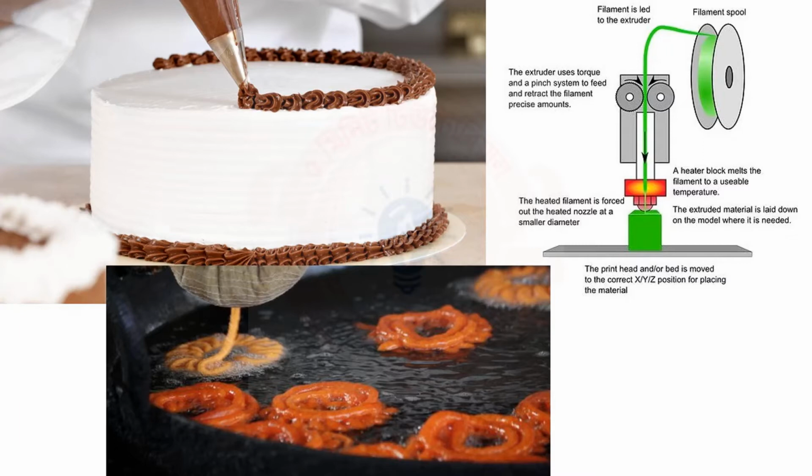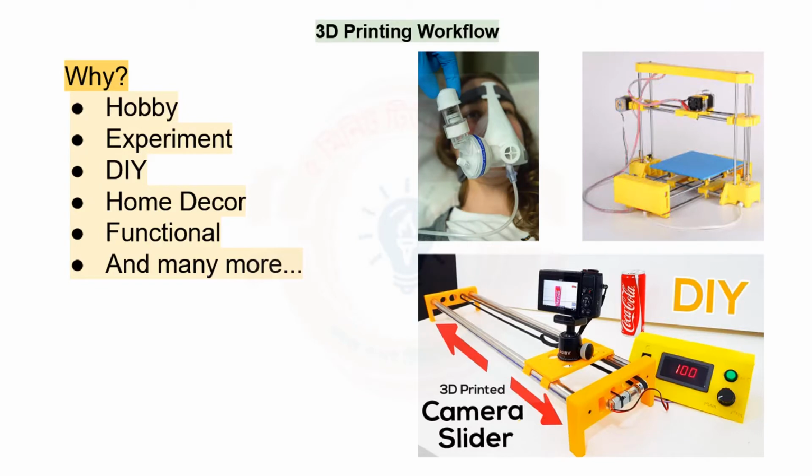That's plastic or PETG, many different kinds of materials. You push it through the extruder and extrude it, and that's how you add layers on top of one another.